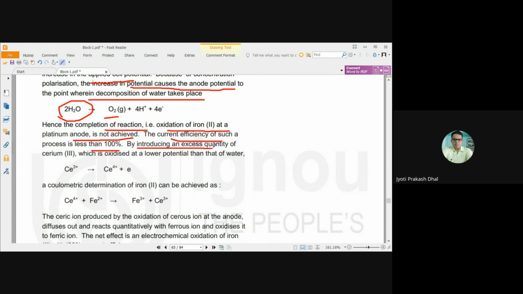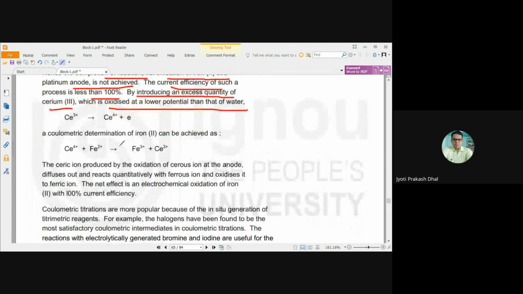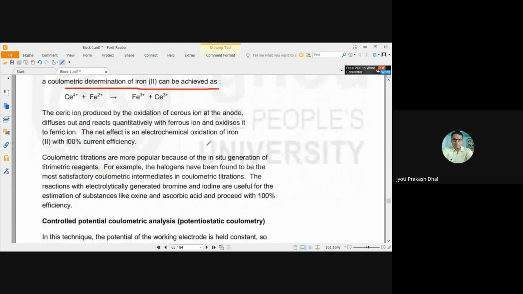By introducing an excess quantity of cerium 3 plus, which is oxidized at a lower potential than that of water, the cerium 3 plus will be oxidized into cerium 4 plus at a lower potential than the oxidation of water. A coulometric determination of iron 2 plus can be achieved by this method. The cerium 4 plus reacts with Fe 2 plus, so the ferrous ion is oxidized into ferric, and the cerium 4 plus is reduced into cerium 3 plus.